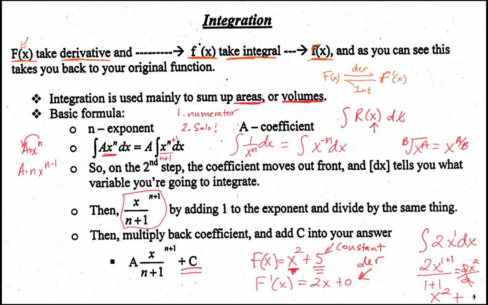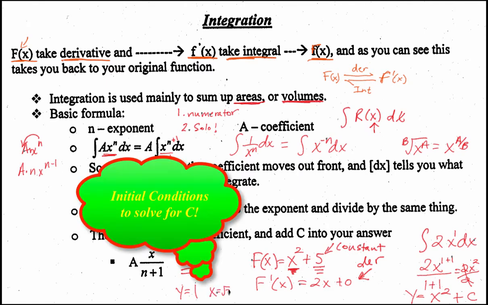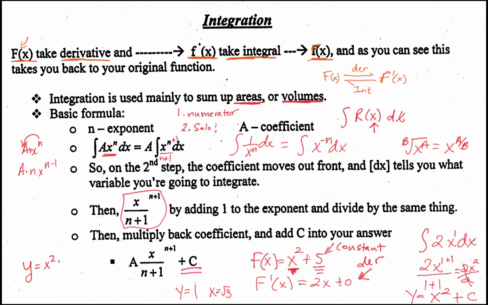And you could be given some initial conditions. You could be told that when y is equal to 1, x is equal to square root of 3, and you would have to plug in here your y and x to figure out what your c is. So you would get, and then you can figure out what this particular c is.